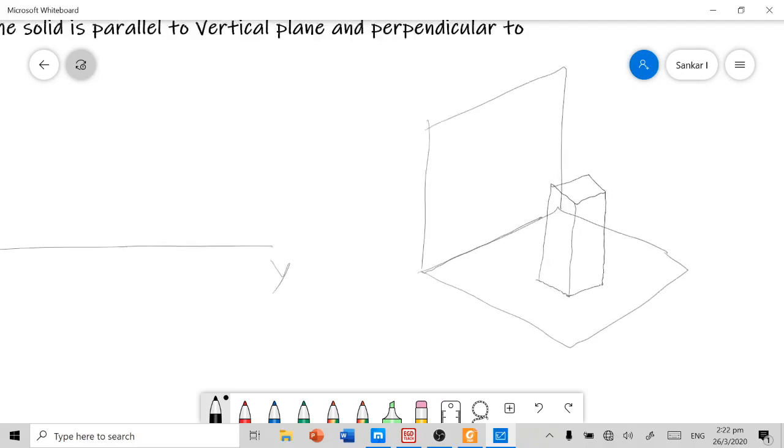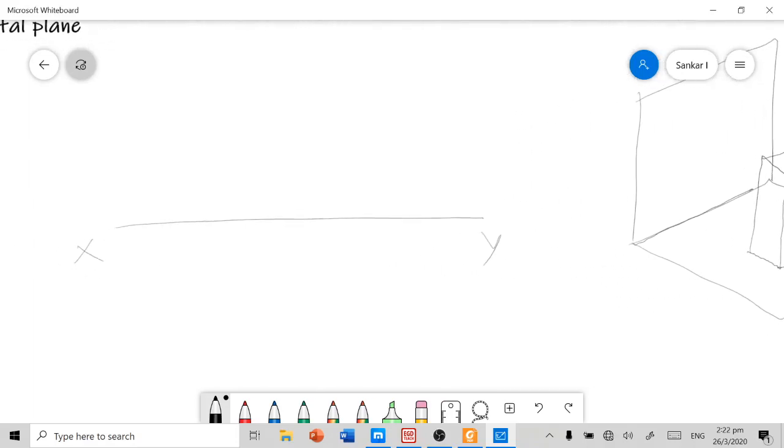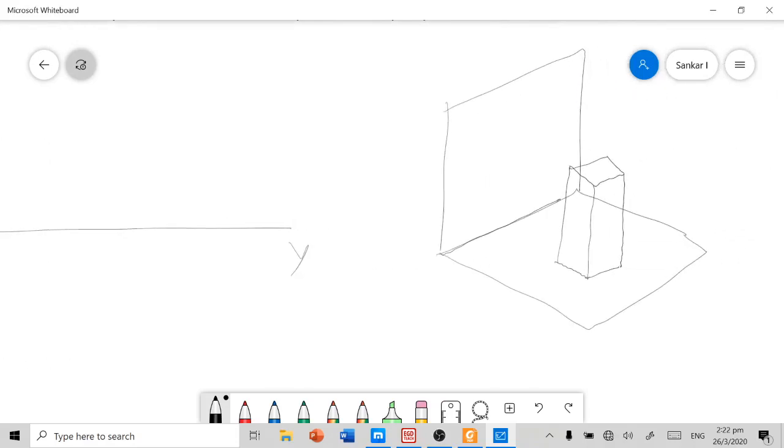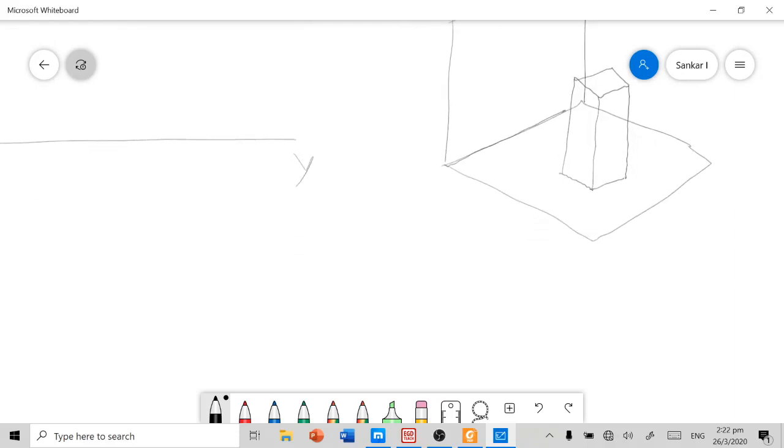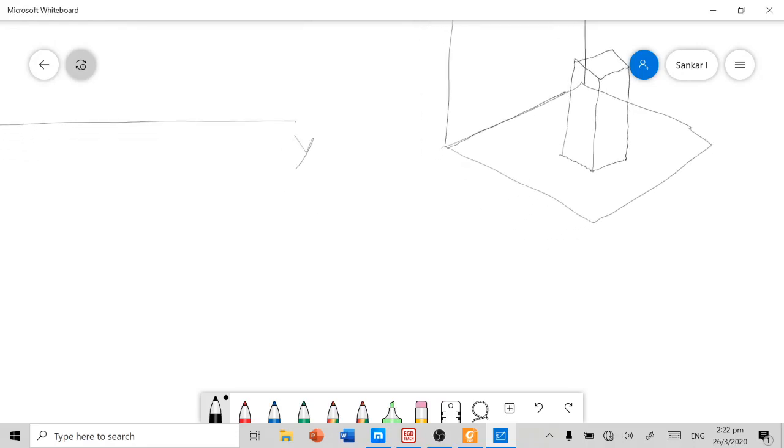If you want to start the answer, first you have to decide from which view you need to start, whether from the front view or from the top view. Always keep one thing in mind: you have to start the problem with the view in which the base of the solid is visible. Like in the planes chapter, we have to ask two questions: where should be the base and how should be the base.